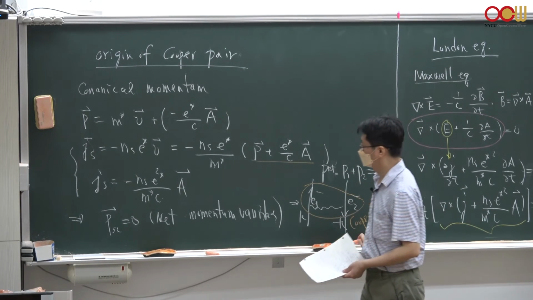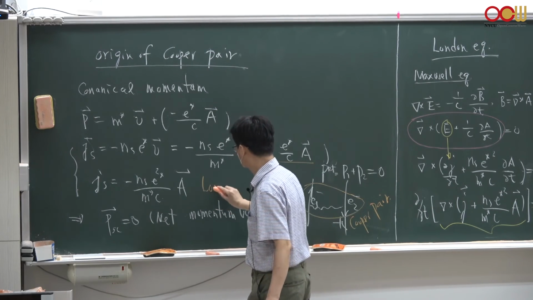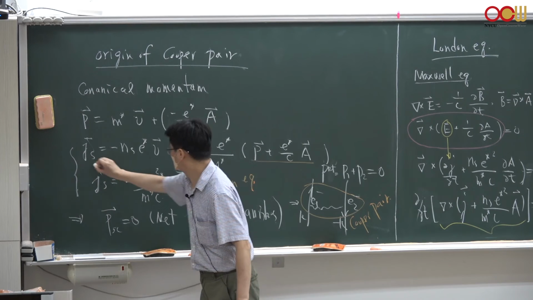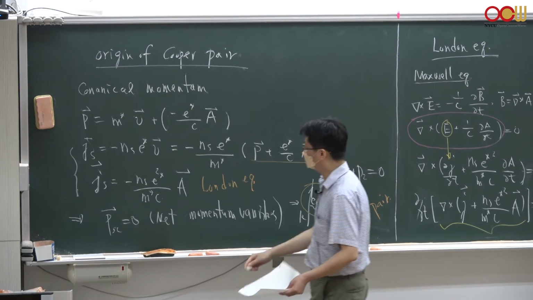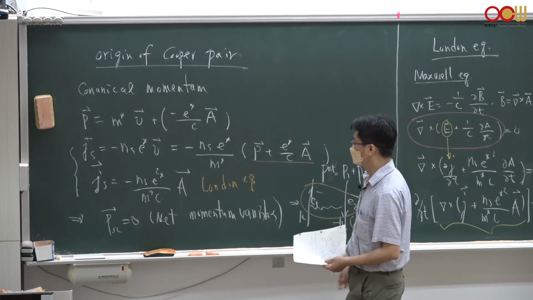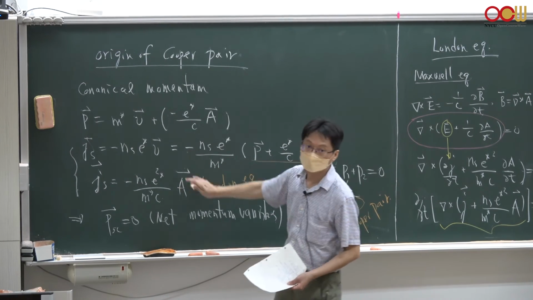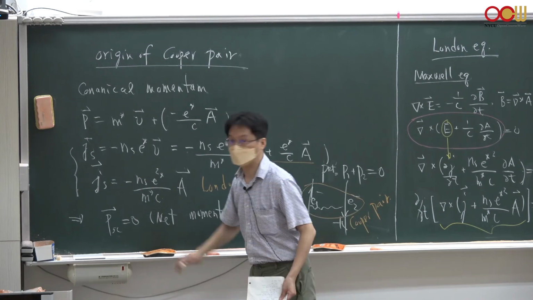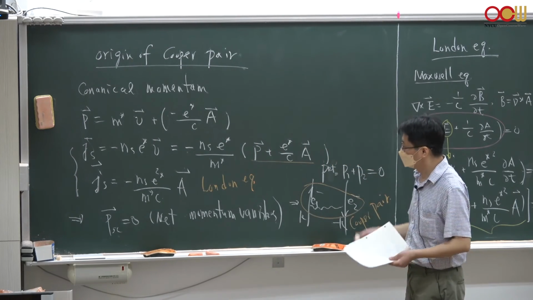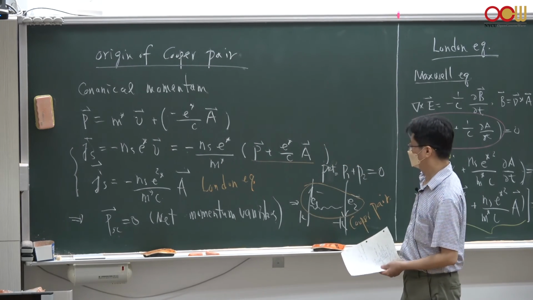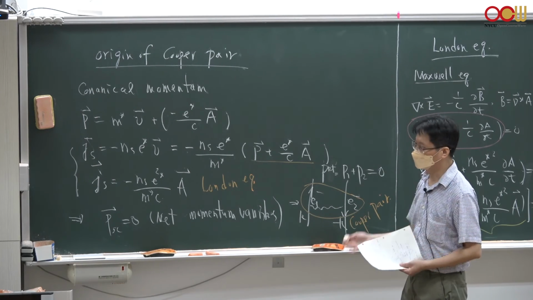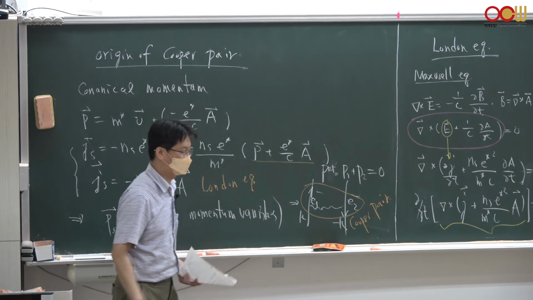But we know from the London equation that the supercurrent vector is given by minus this prefactor times the vector potential A. So you can combine these two relations, and you immediately see that the canonical momentum vanishes. So no net momentum remains in the superconducting state when you consider the electron pairings.